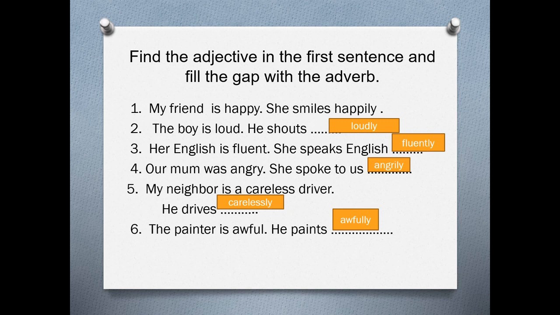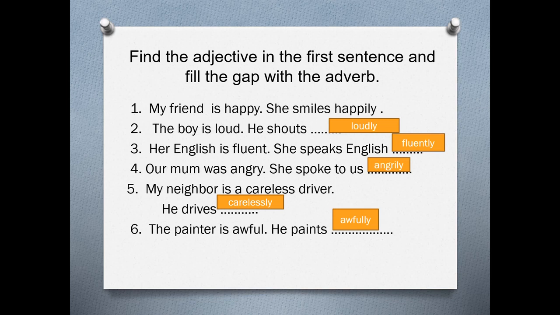She spoke to us angrily. My neighbor is a careless driver. He drives carelessly. The painter is awful. He paints awfully. Okay, I hope you wrote those sentences on your notebook. Okay, go ahead.